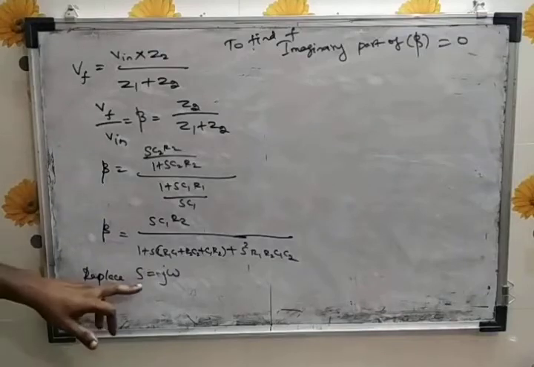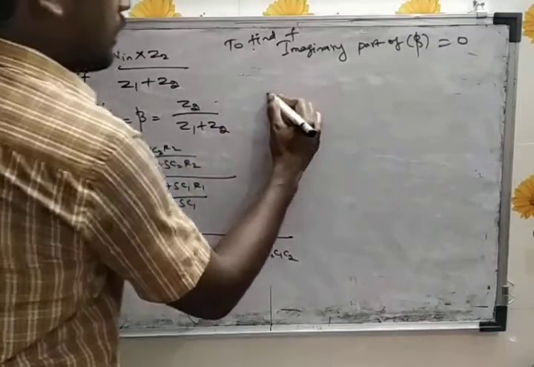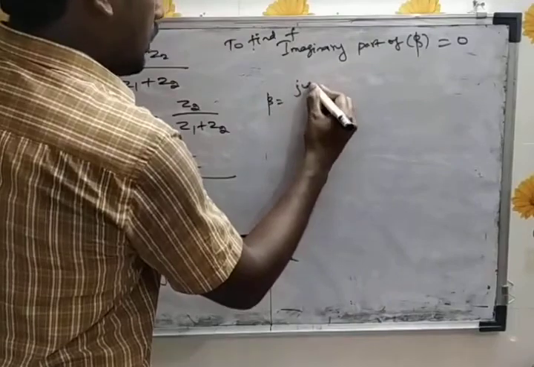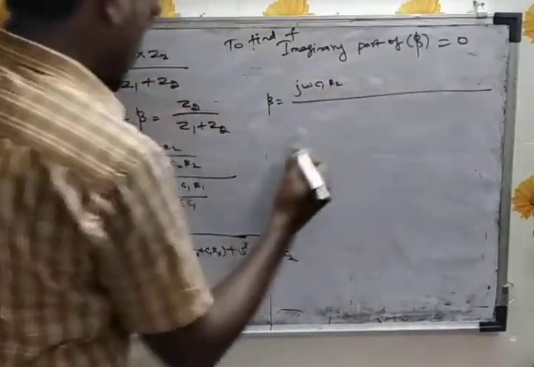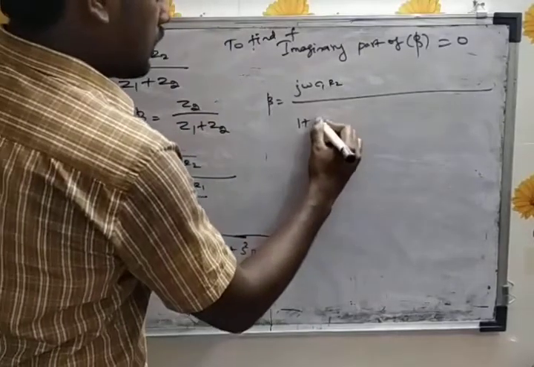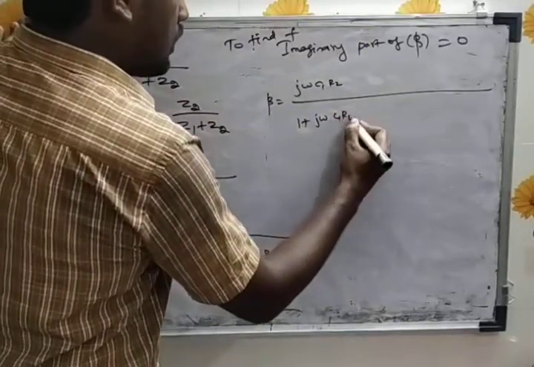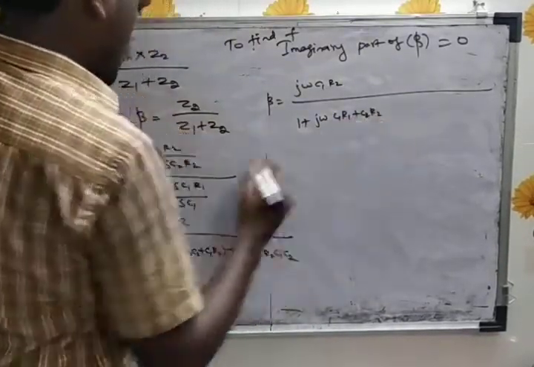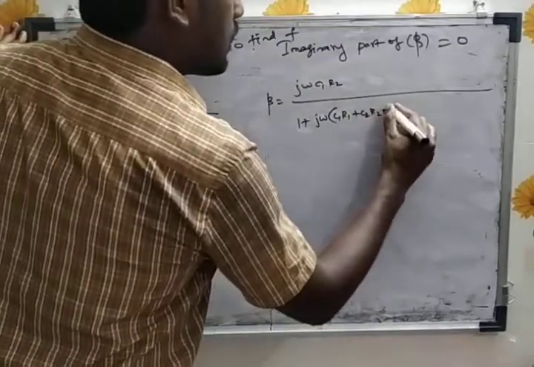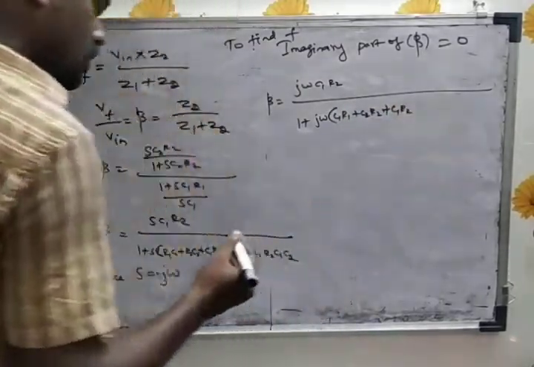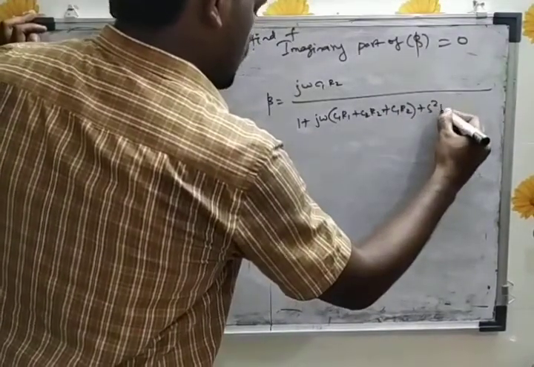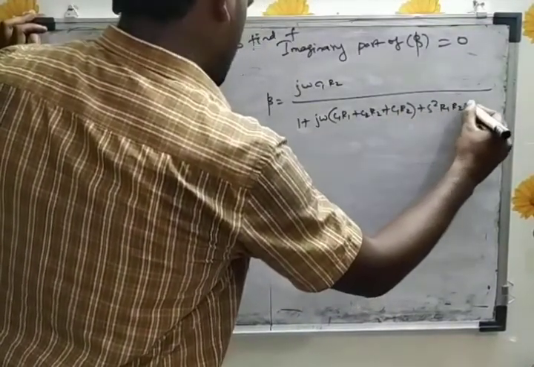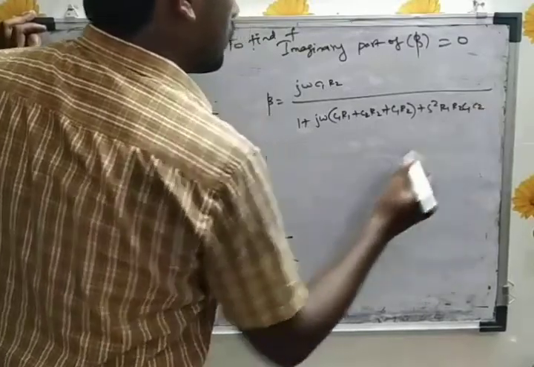So replace S with J omega, and you will get beta is equal to J omega C1 R2 divided by 1 plus J omega (C1 R1 plus C2 R2 plus C1 R2) plus S square into R1 R2 C1 C2.